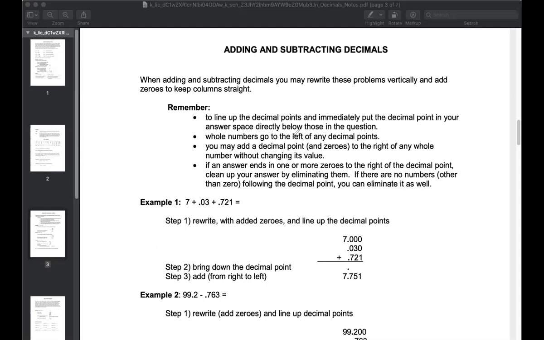Any whole number goes to the left of a decimal point, and you may add anything in any decimal column. If your answer ends in a 0, you can eliminate that 0 after the decimal. Any zeros after the decimal that are not followed by any numbers, you don't need to include them.